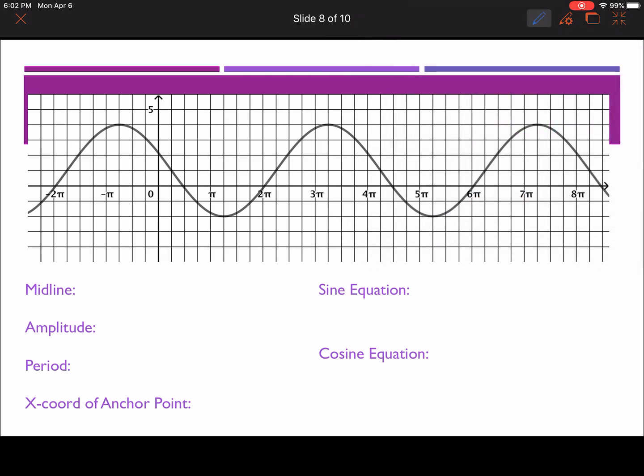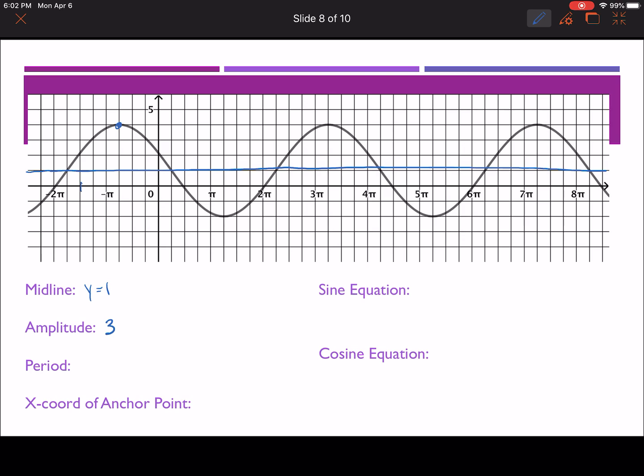What are the things that we notice right away? Here is my midline at y is equal to +1. I noticed that from there my maximum value occurs at +4, which means that my amplitude is 3. I also noticed that neither of these are perfect.